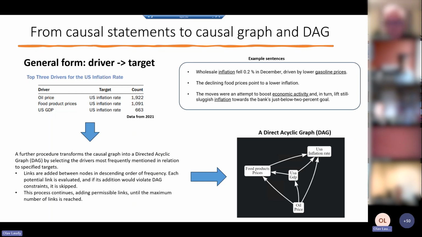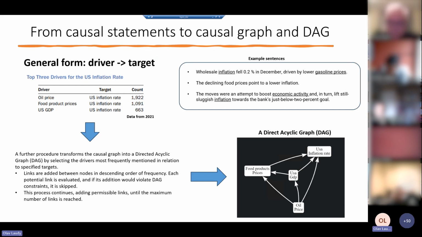Moreover, we need to derive from the context that this is the USA inflation rate. The other thing is we utilize a very powerful ontology-driven generalization system that understands gasoline prices as the oil price and economic activity as GDP. And once more, of course, co-references which country's GDP this is.